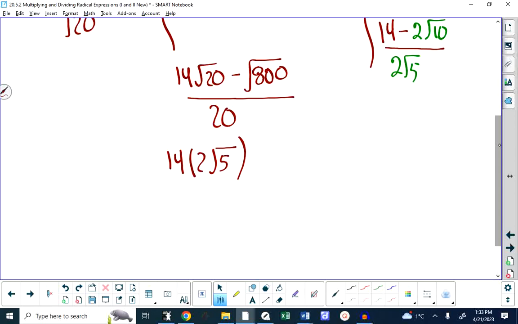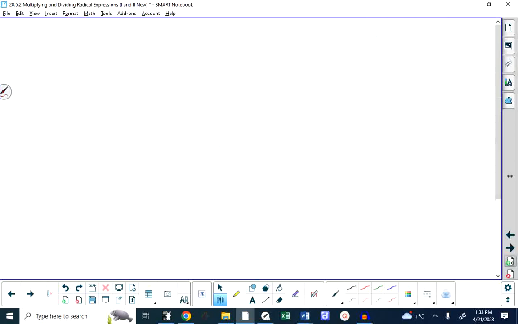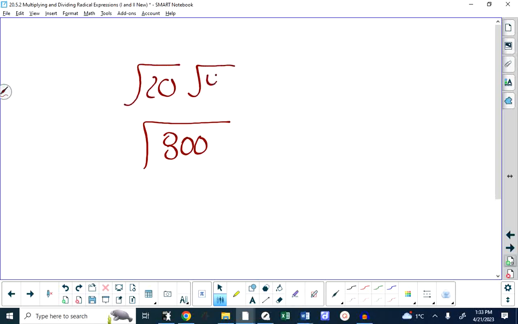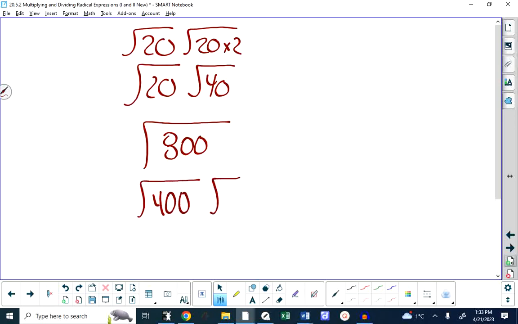And now I would definitely go to scrap paper and work on the root 800. But the root 800 came from this, didn't it? Well, there's a 20 and 40. So I have two factors of 20 in 800. In other words, this is root 400 root 2, or 20 root 2.